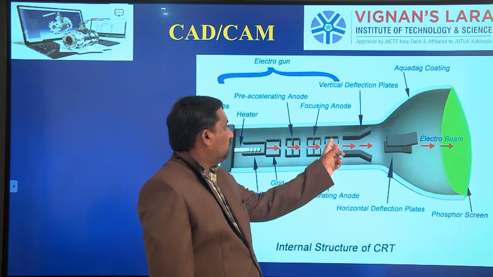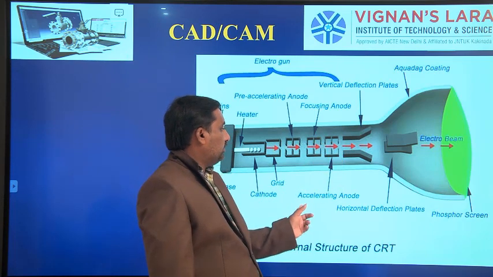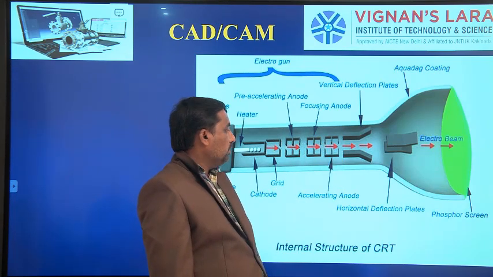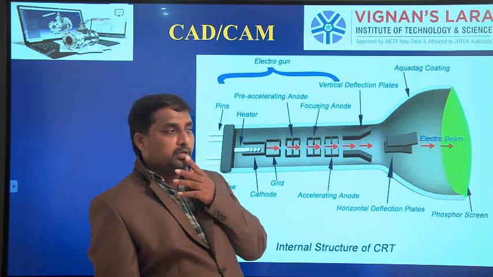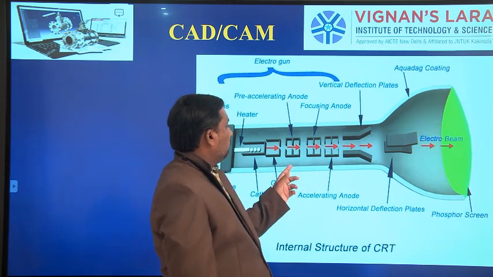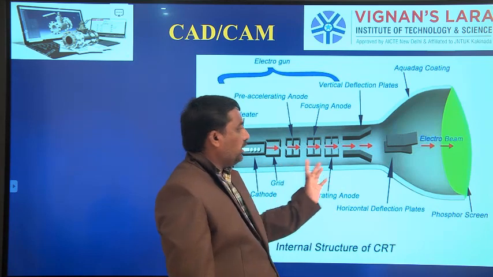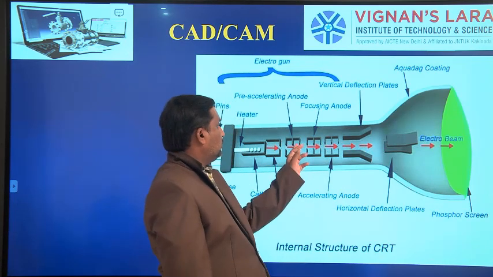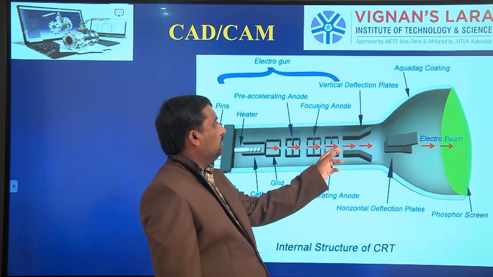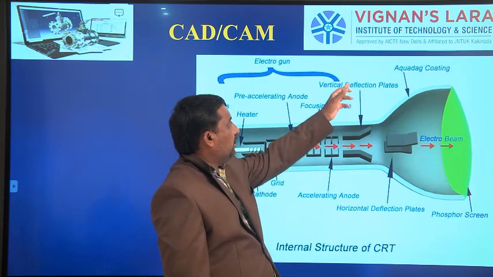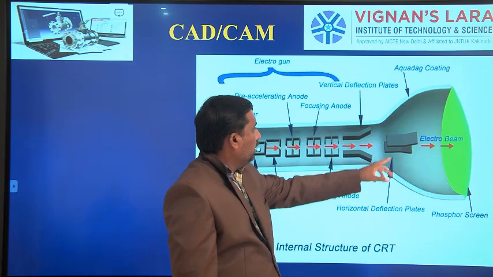Next, we have another accelerating anode. This accelerating anode also tries to increase the velocity of the electron beam. Next, the vertical deflection plates and horizontal deflection plates.